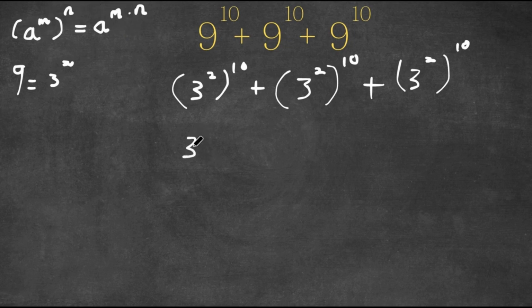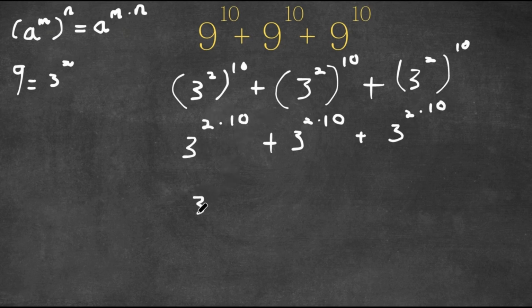So this would equal 3 to the power of 2 times 10, and the same goes for the other two. Now 2 times 10 is 20. So we have 3 to the power of 20 plus 3 to the power of 20 plus 3 to the power of 20.